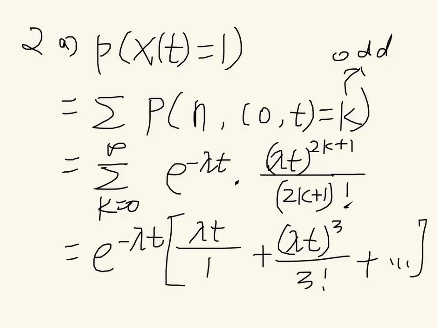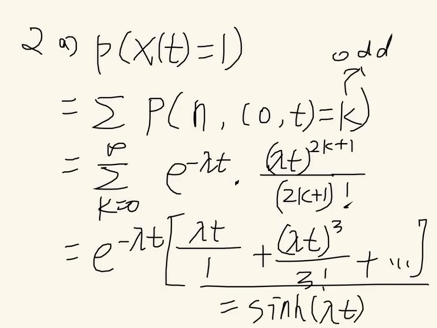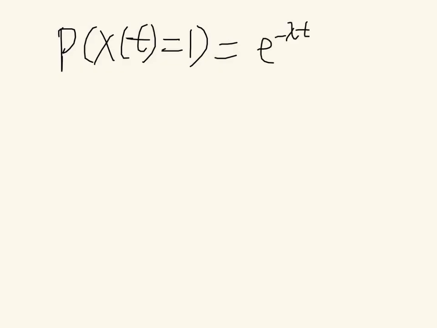And we know this is the Taylor expansion of sinh lambda t. So we have the probability of X(t) equal to 1 is equal to e to the minus lambda t times sinh lambda t.